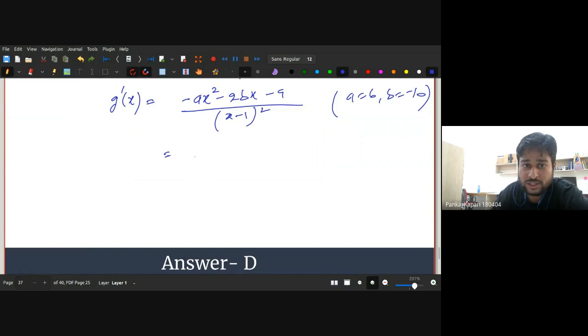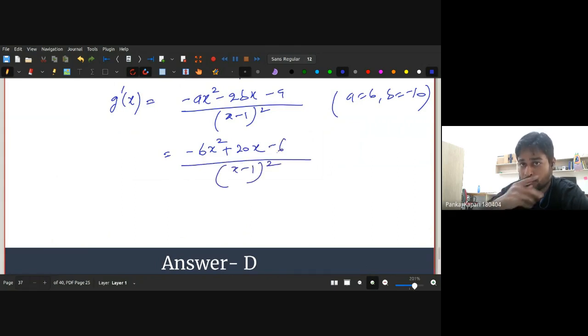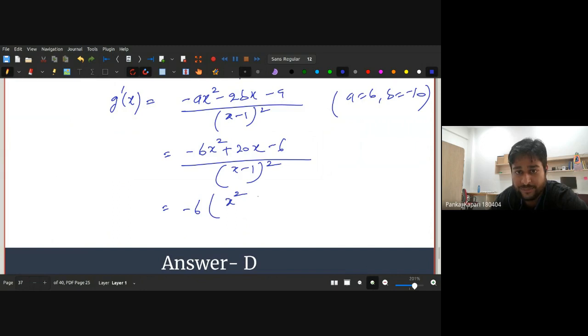So if I put a equal to 6 and b equal to minus 10, I have minus 6x square plus 20x minus 6, divided by (x minus 1) whole square. So I'll take minus 6 outside, and in the bracket I am left with x square minus 20 divided by 6, which is 10 by 3, and plus 1, and everything divided by (x minus 1) whole square.